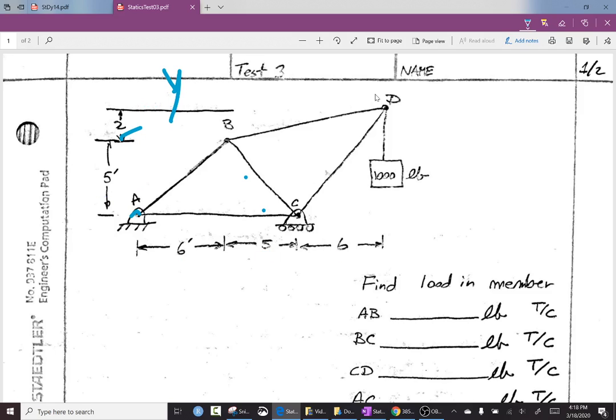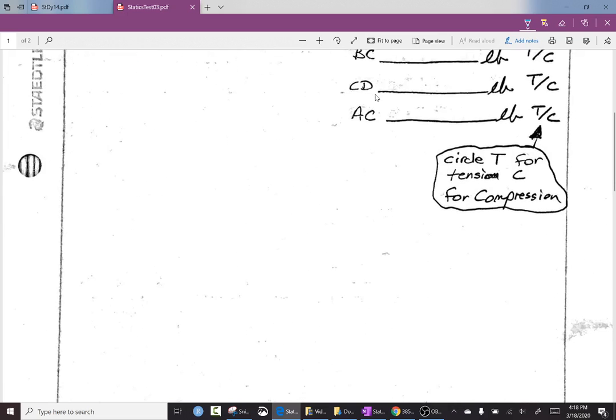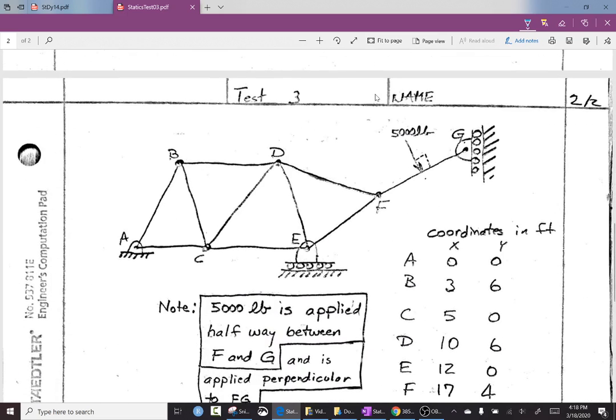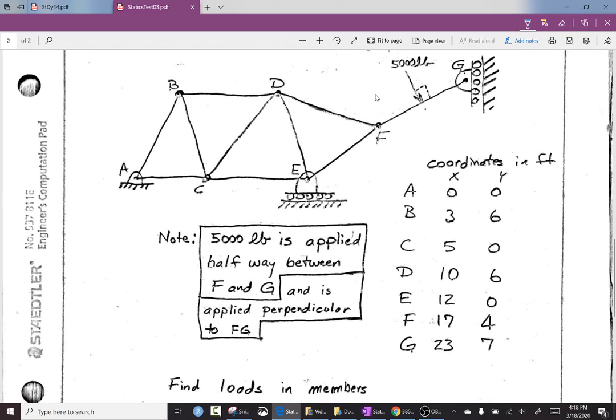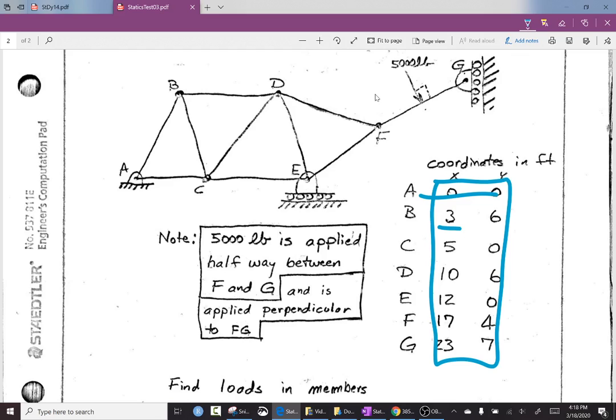Let's go ahead and look at the next problem here. This one is kind of unique. Instead of putting the dimensions all over it, I decided to list a little matrix of the coordinates. So for example, A is at the origin, B is 3 over but 6 up, C is 5 over but not moving up, its y coordinate is 0.